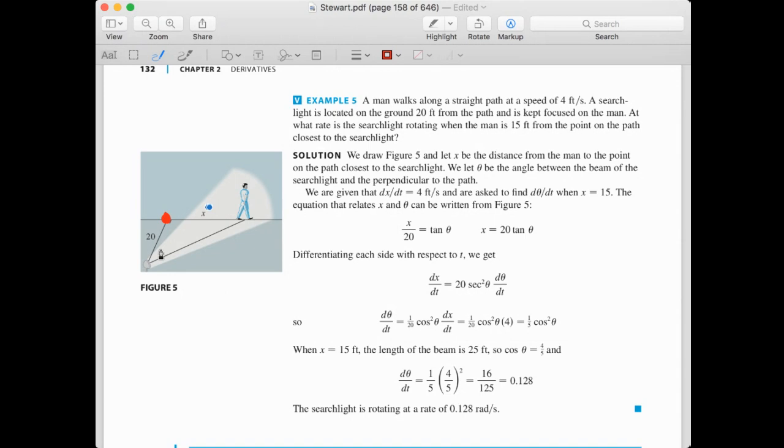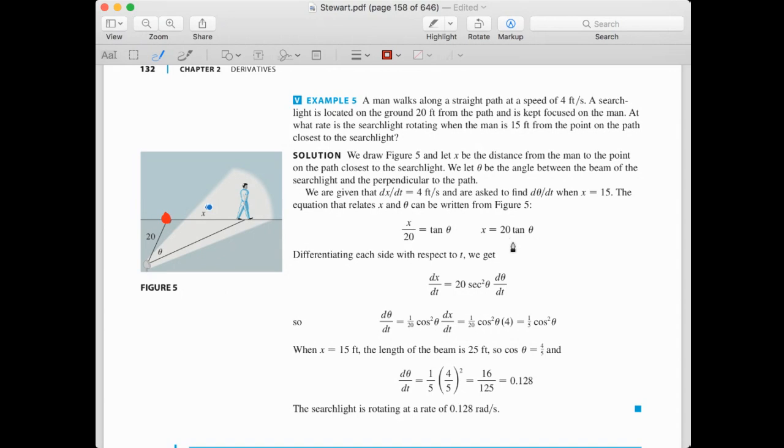So what do we have? We want to use the tangent value. So tangent theta equals the opposite over adjacent. Adjacent is 20, fixed. X keeps changing. So we have tangent theta equals x over 20. Well, we can rewrite it as x equals 20 times tangent theta.